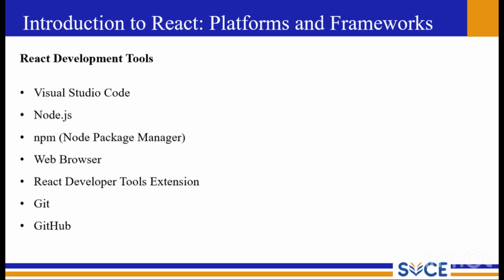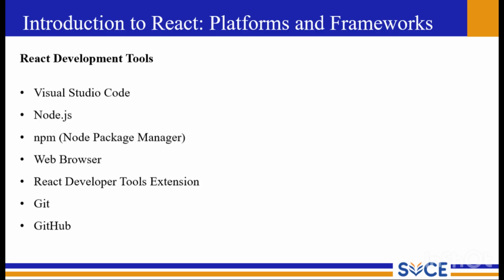To start developing React applications, we need several tools. Visual Studio Code is used for writing code. Node.js provides the runtime environment required for React development. NPM, which stands for Node Package Manager, helps install React libraries and dependencies.